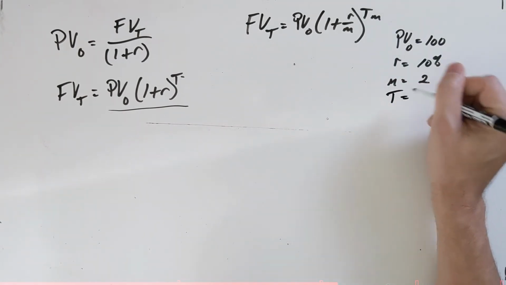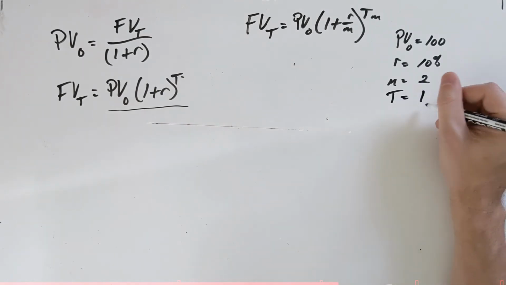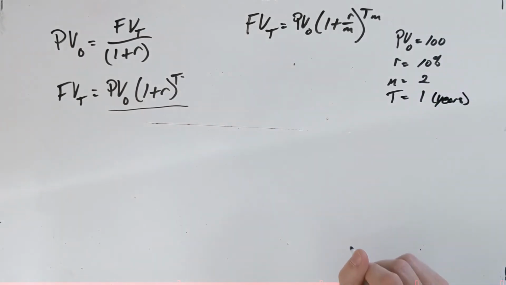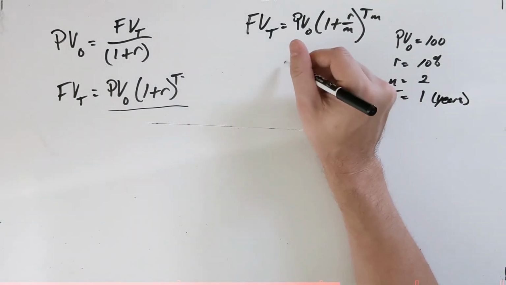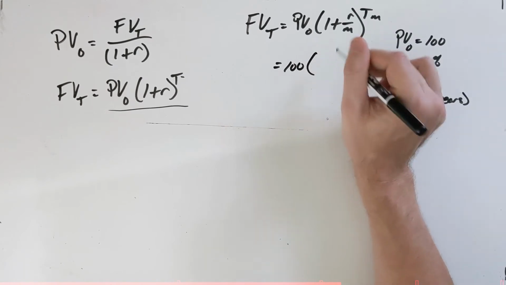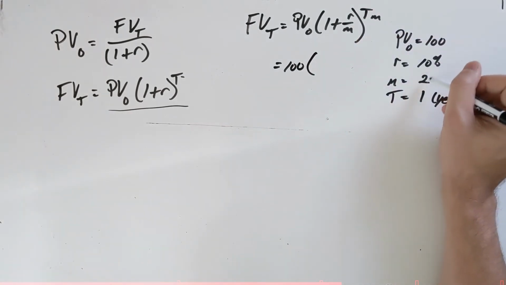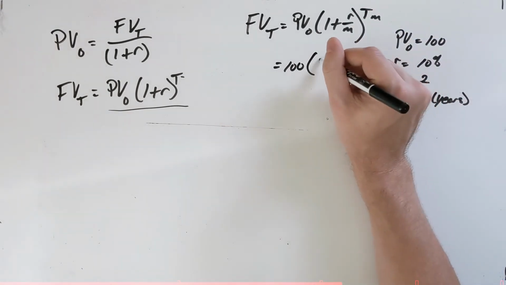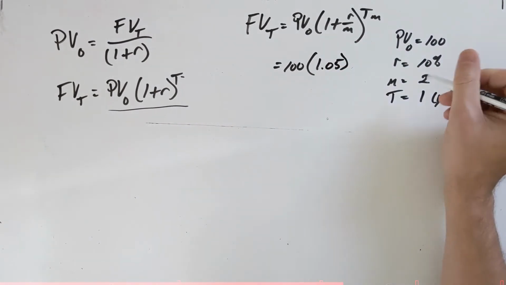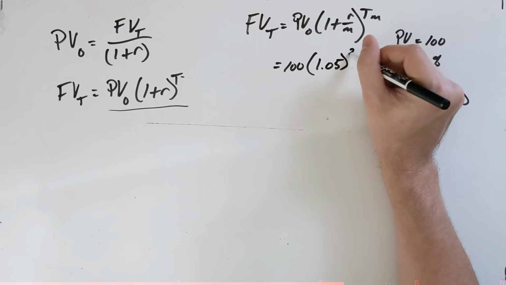T, we're going to make this simple. We are going to leave that for 1, and that is, again, years. All right, well, then we plug these numbers into our formula. 100, okay, R divided by M. Well, that is going to be 5%. So 1.05. And then T times M is 2.